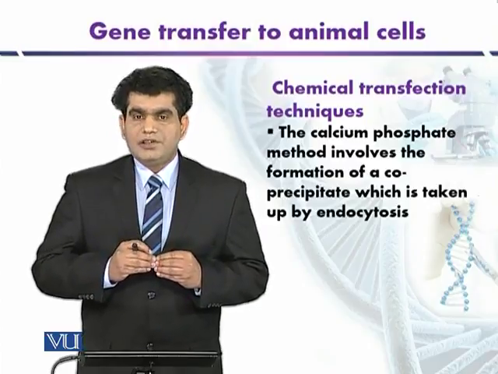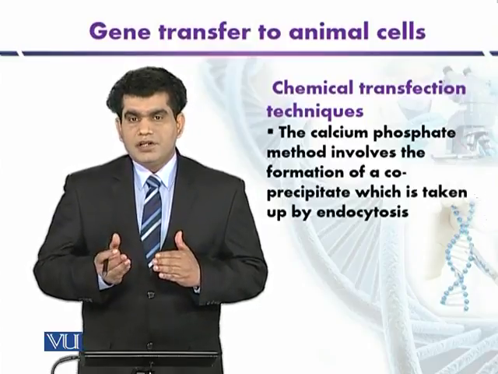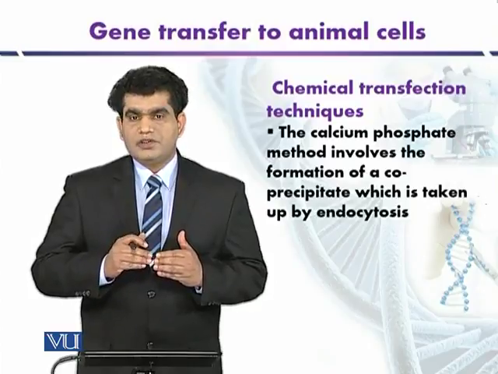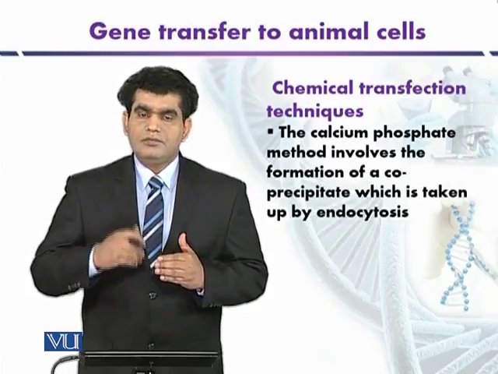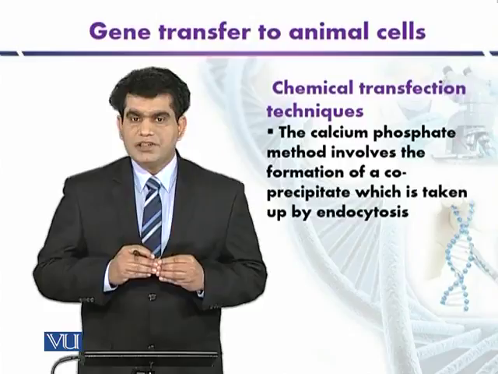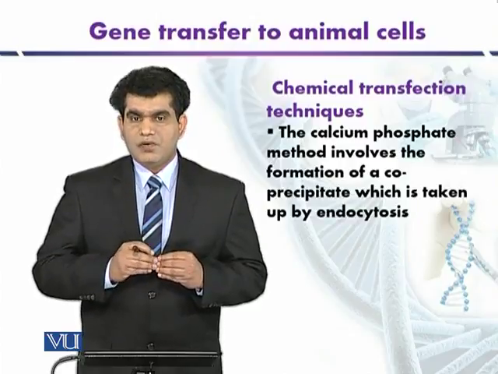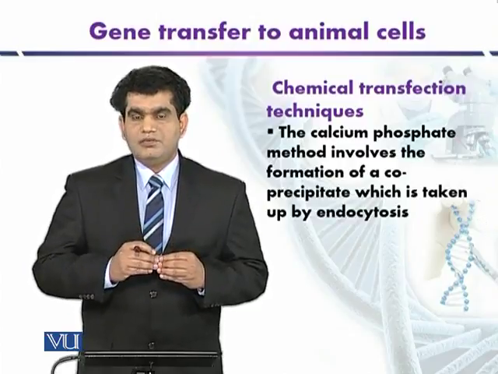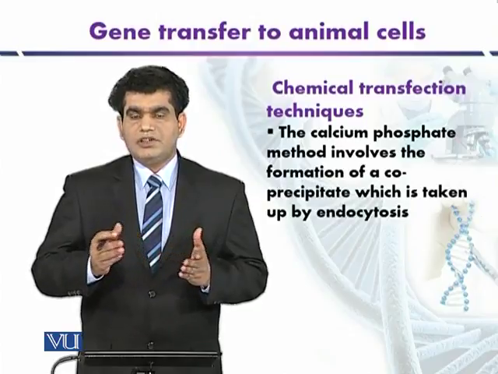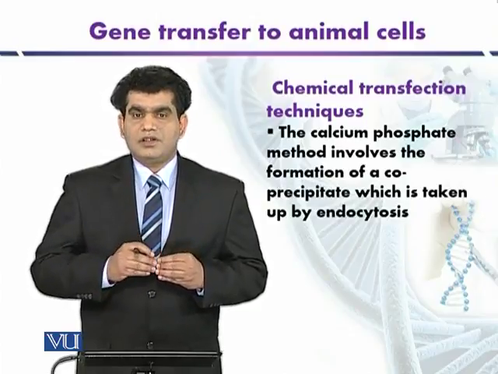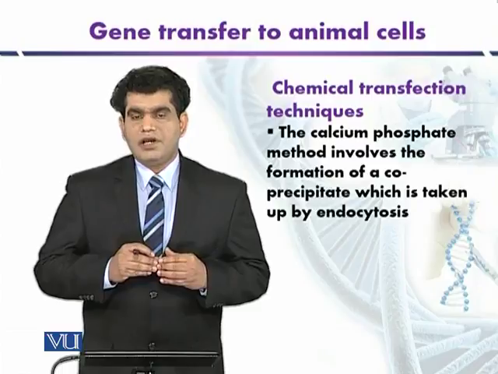Then with the passage of time, some scientists used the calcium phosphate method to increase the infectivity of the adenovirus, and then this method was used as a general protocol for the transfection of the animal cells.